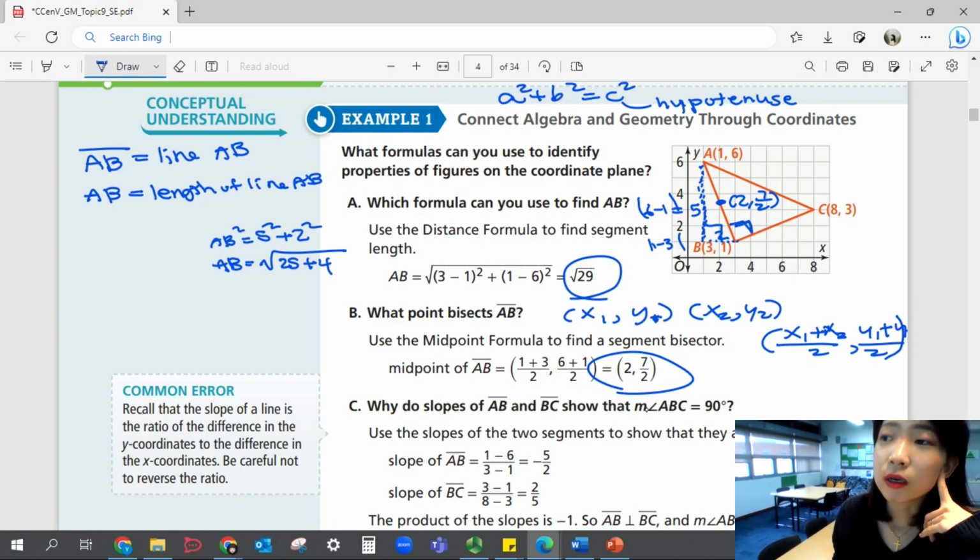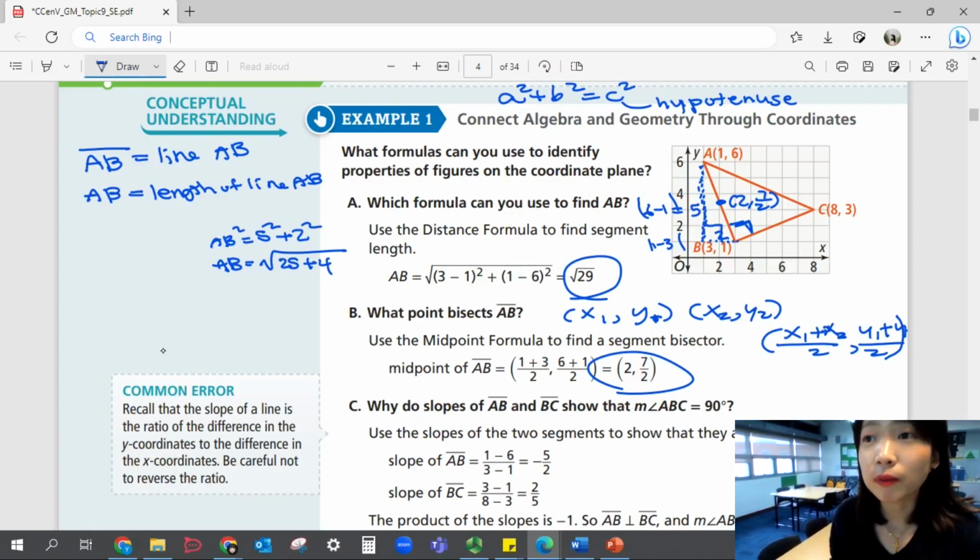But how do you know? We learned that slopes of perpendicular lines are opposite reciprocals. So there are lots of algebra facts that you need to remember just in example 1: the Pythagorean theorem, the midpoint formula, the equation of the slope, and the fact that perpendicular slopes are opposite reciprocals. Okay?